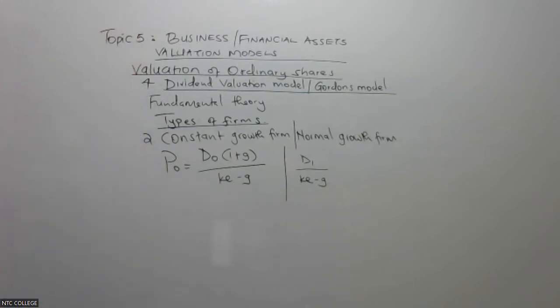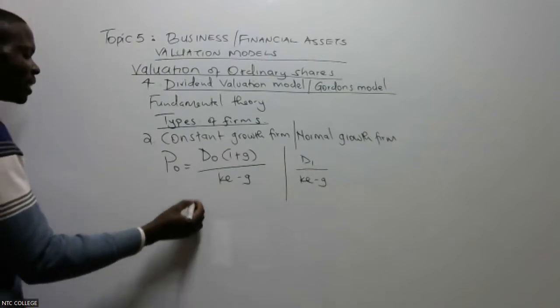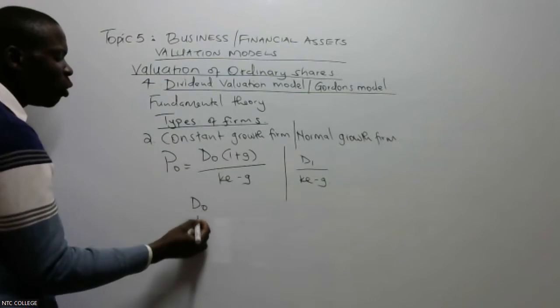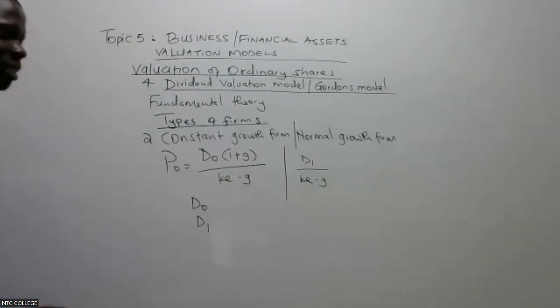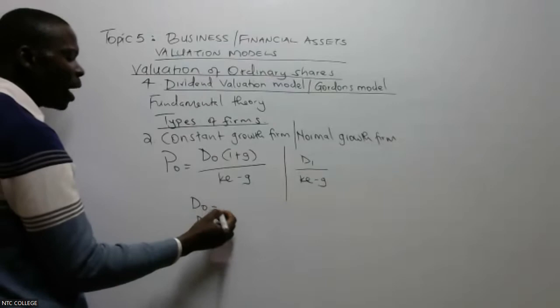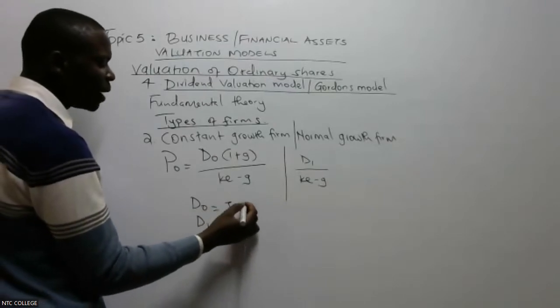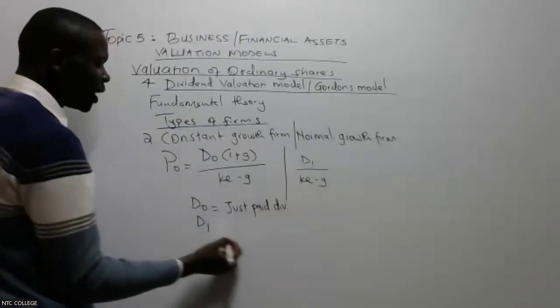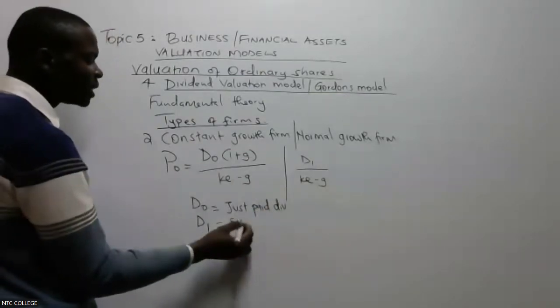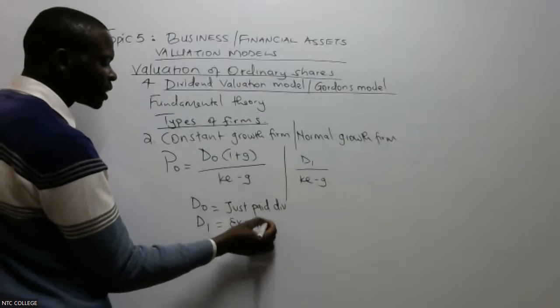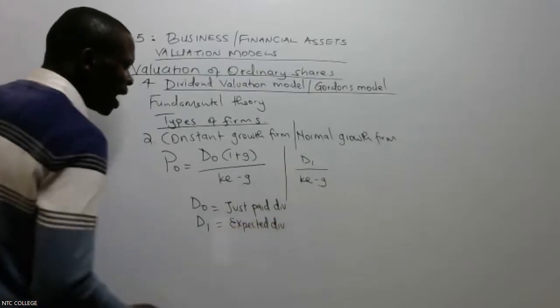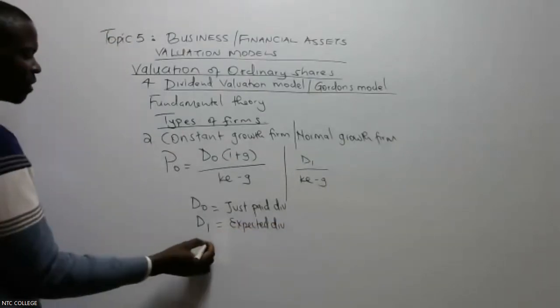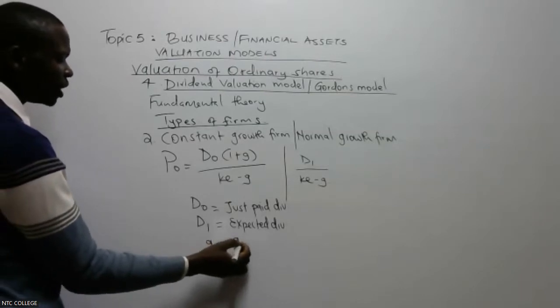That's why I started by saying you need to understand the difference between D0 and D1. D0, we said, is the just paid dividend, while D1 is the expected dividend, and g is the growth rate.